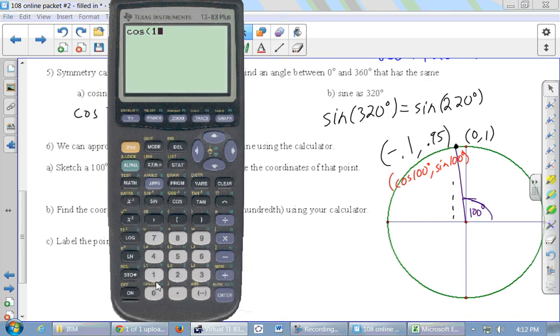So cosine of 100, we were hoping something around negative 0.1. Okay, that's pretty good, negative 0.17. And then sine of 100 we thought would be really close to 1, just a hair under 1. 0.98, great.